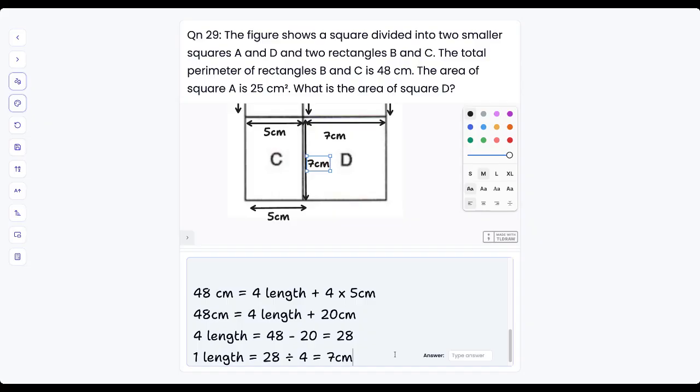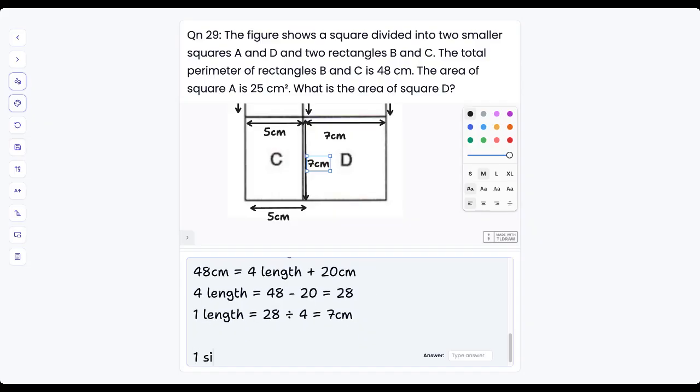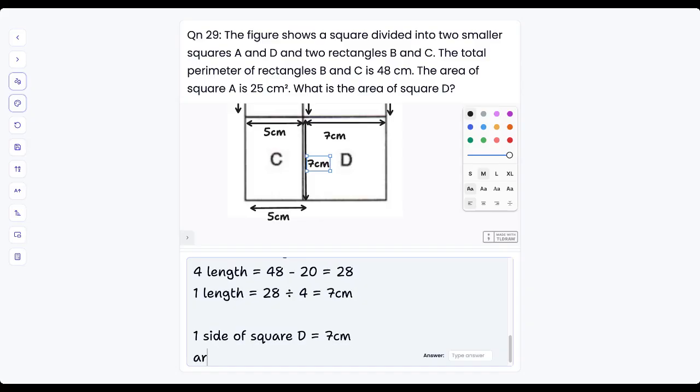So what's the area of square D? One side of square D is equal to 7 centimeters. So the area of square D is equal to 7 times 7, which is 49 centimeter square. There you go. So the answer is 49.